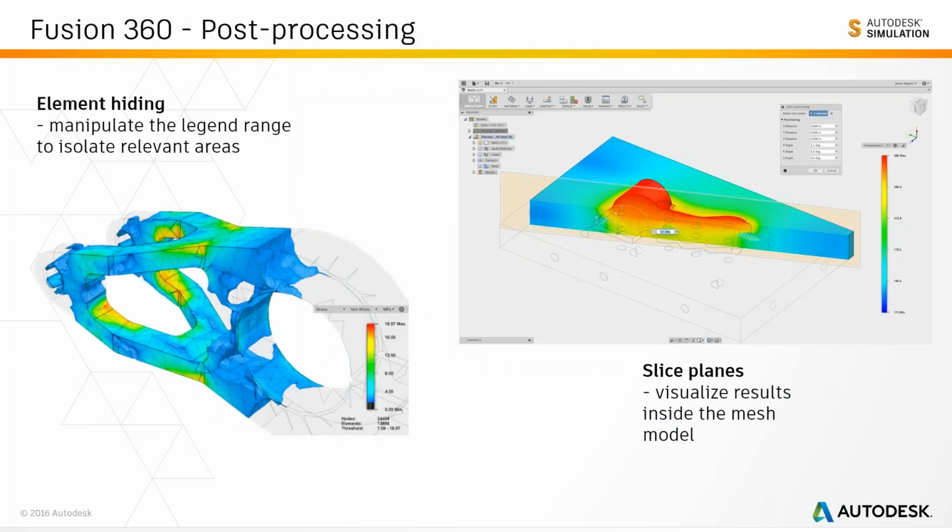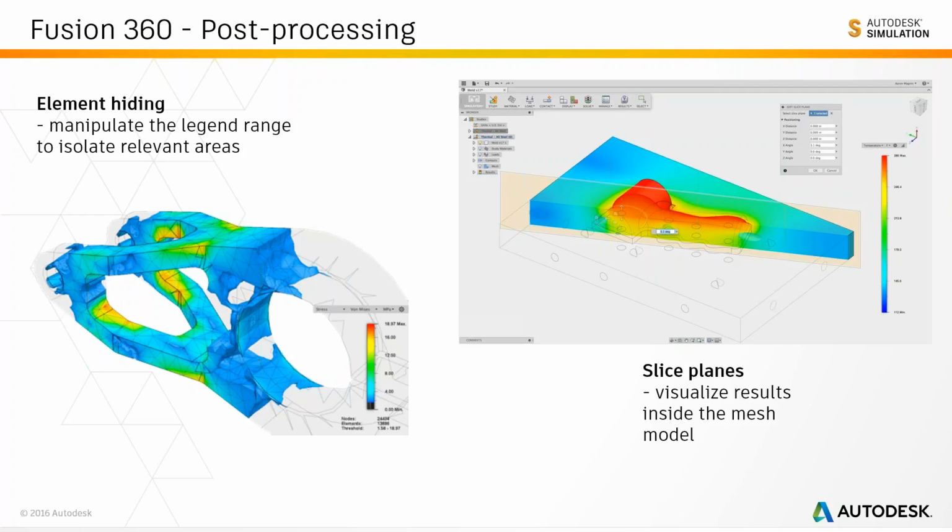In terms of post-processing, Fusion 360 does overcome Inventor's limitations. So here are a couple of screenshots. Besides the fact that the interface is a lot cleaner and smoother, the post-processing capabilities have been enhanced by a quick way of looking inside the model through slice planes and through the ability of plotting the volumetric mesh.